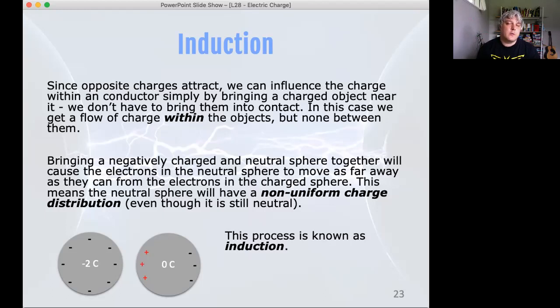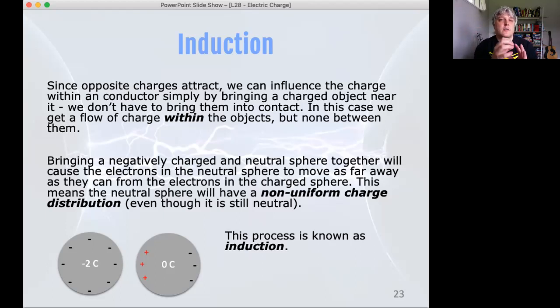What that is going to do, because that negative 2 coulomb ball is negatively charged, it is going to repel electrons within that neutral sphere. And those repelled electrons will travel to the far side. They'll try and get as far away from that negatively charged sphere as they can. So what happens is that a few of the electrons that are balancing around some of these positive ions in the metal nearest the negative sphere, they will leave, and they will leave some unmatched positive ions.